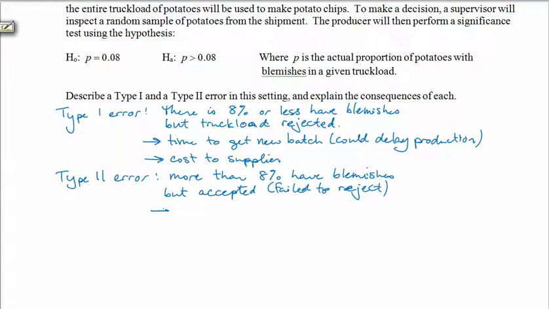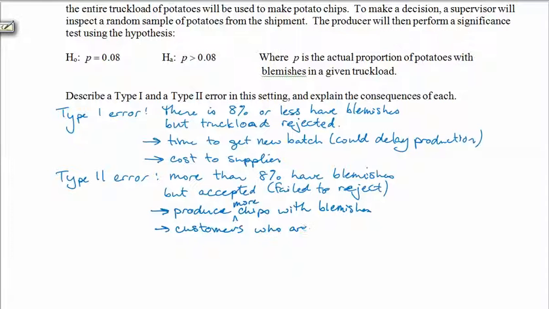And in this case, they'll produce potato chips with blemishes. So produce more chips with blemishes. And they could then end up with customers who are dissatisfied. Excuse my spelling on that one.